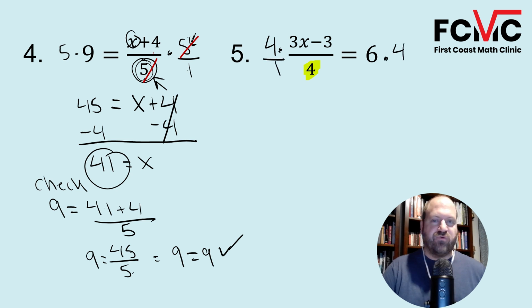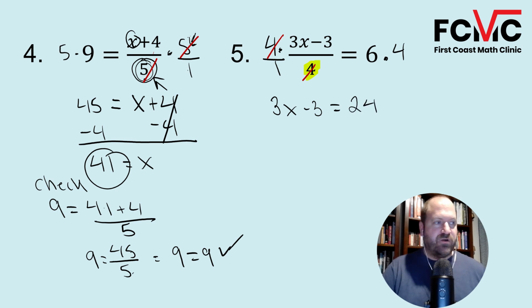All right, that 4 is over 1 on the left. 4 divided by 4, those 4s cancel each other out. So on the left side, we're going to have 3x minus 3 equals 24.